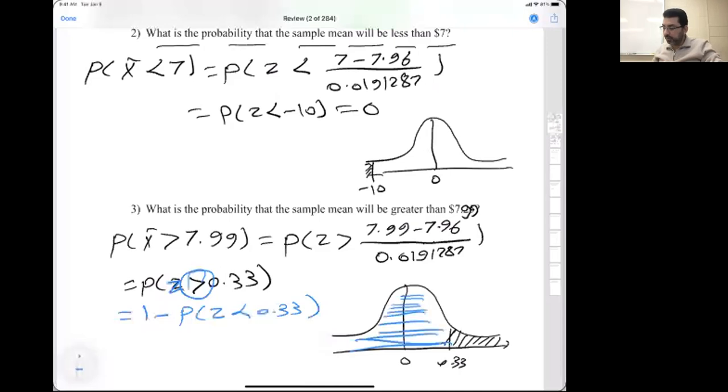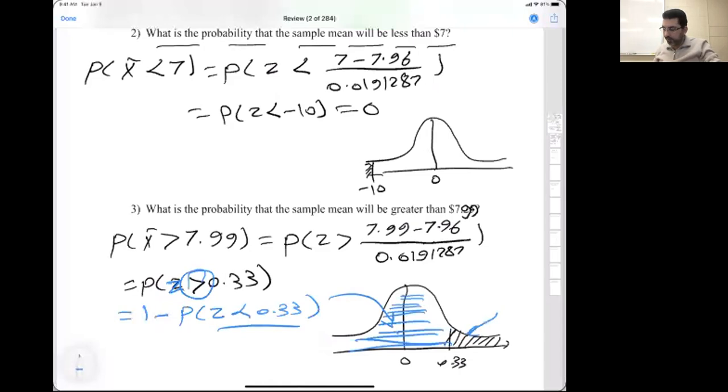This probability we can find from the table. This will be this area, and as you know, the entire area under the standard normal curve is 1. If you know this area and subtract it from 1, the remaining will be the area to the right.